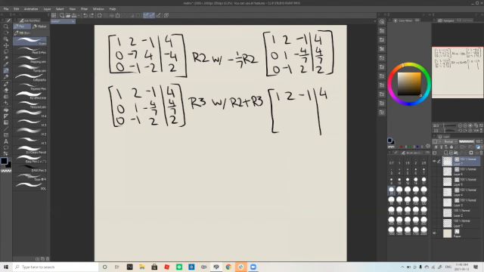No, I'm just doing this to save space, because if I write the entire word, the matrix might not even fit on the screen. Oh, so does it mean "with"? Yes, it's this word. So replace R3 with R2 plus R3. Like that. Oh. I should probably write up here.